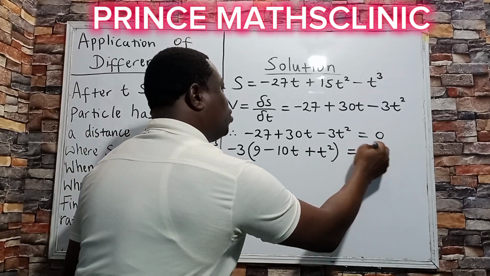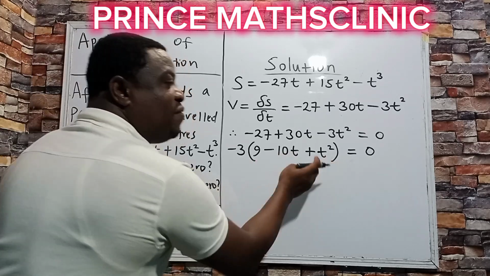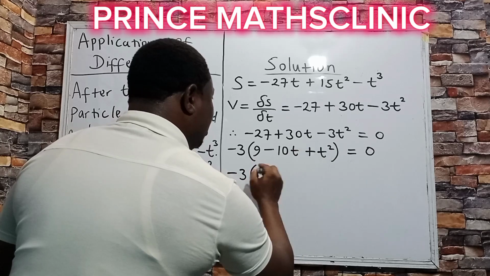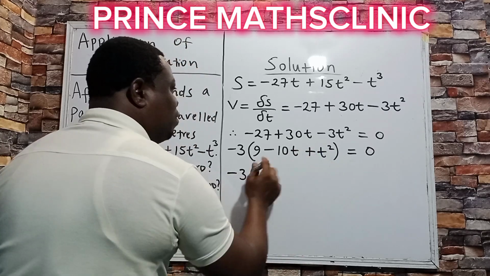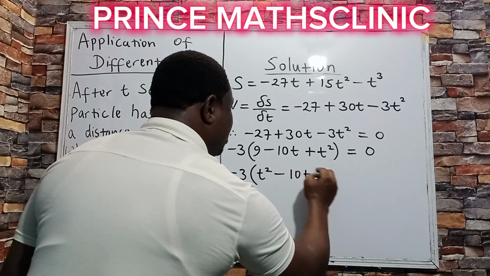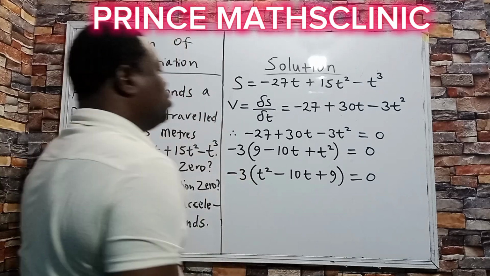Remember, equal to 0. So I can rearrange what I have here, and if I do that, I will have minus 3, then I will just write from the back to the front. So I will have t squared minus 10t plus 9 equal to 0.